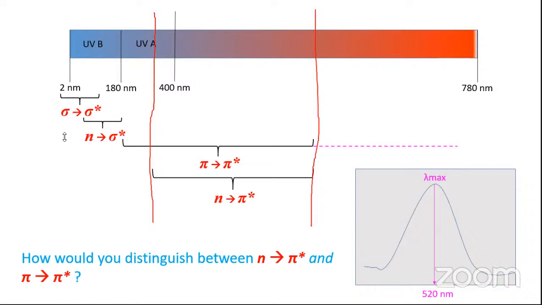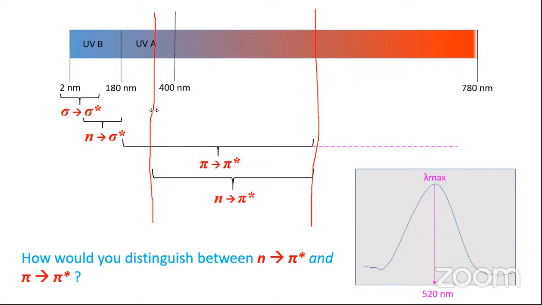Yes, sir. Okay, so if the question is clear, then you need to apply all the understanding of the transitions that we talked about in the last class, as well as you need to remember or apply something about the character of pi electrons, and try to find out the way in which you can predict that my molecule is giving me transition due to both pi to pi star as well as n to pi star, or is it only because of pi to pi star transition?